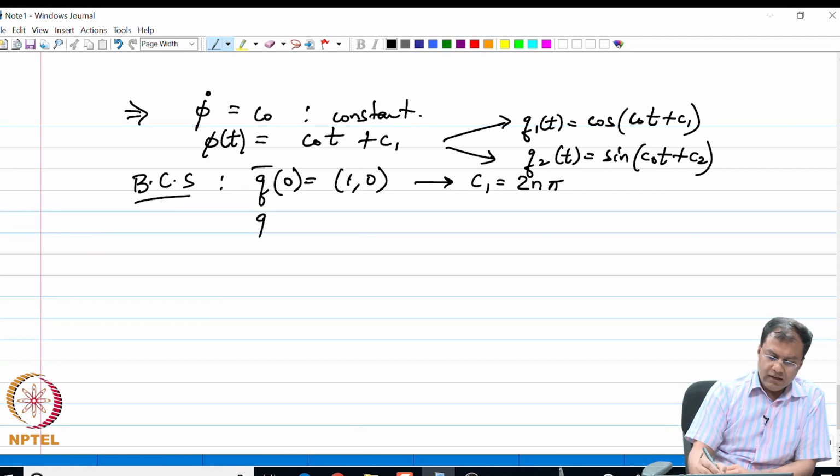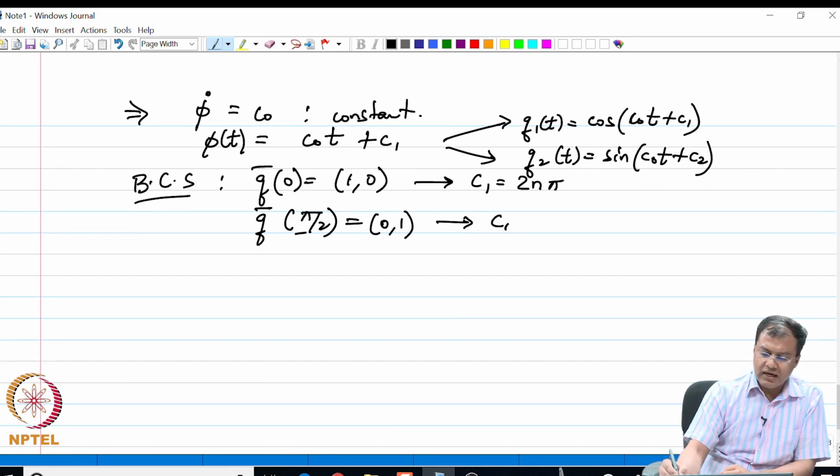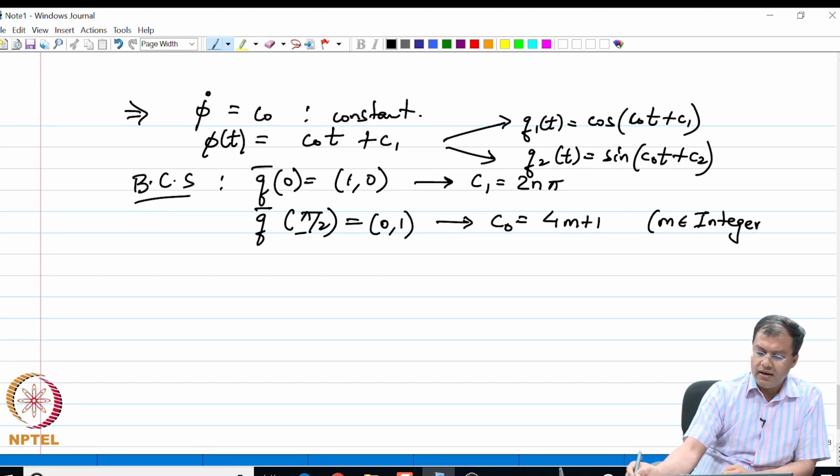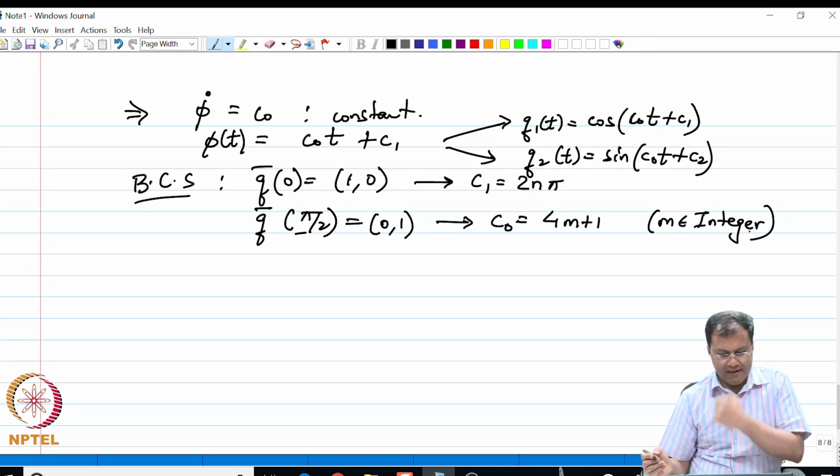And further I have the other boundary condition, q bar at the upper limit of the integral, pi by 2, is 0 comma 1. From here I see that C naught comes out to be an integer 4 m plus 1, where m is an integer, right. It could be positive or negative. Okay.